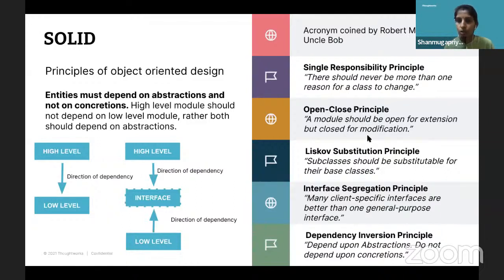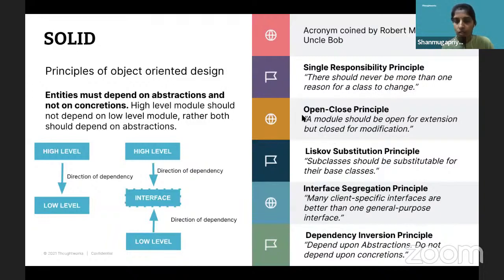The second principle is the open closed principle. This means that a module should be open for extension but closed for modification. There is a classic example of a calculator. Say the calculator has add and subtract buttons, and tomorrow a new button, say multiply or divide, is introduced. What will happen to the module? Do we change the core logic of the module?